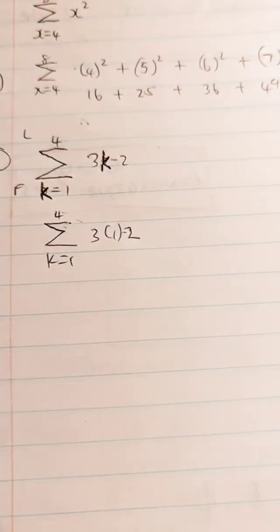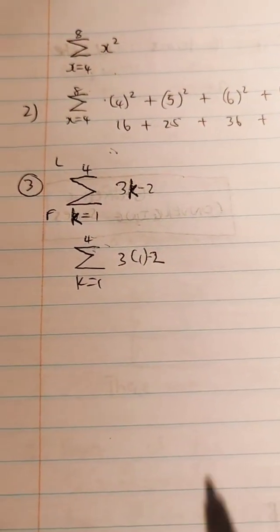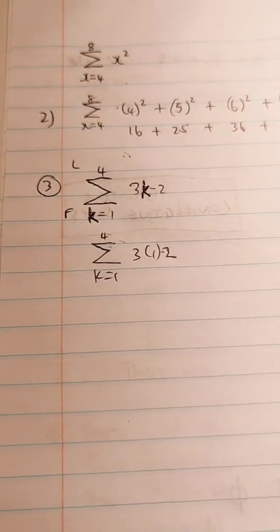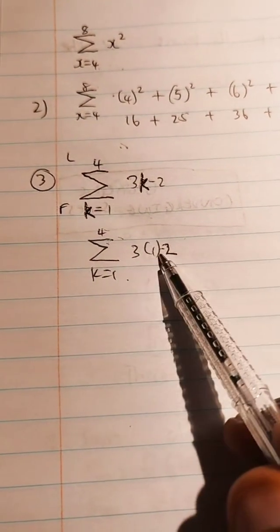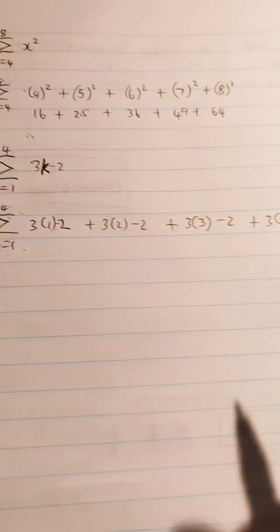All right, remember guys, I'm just covering the concept here. The time will come when I'll just do exam type questions, because at the moment I'm trying to at least have the concept in our heads. Substitute 1, plus substitute 2, plus substitute 3, and then lastly substitute 4.